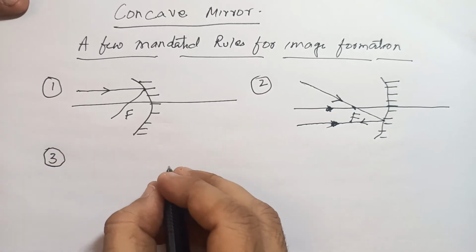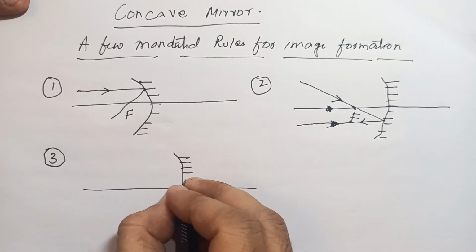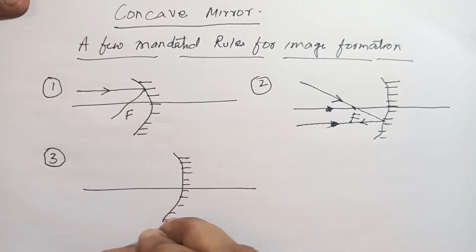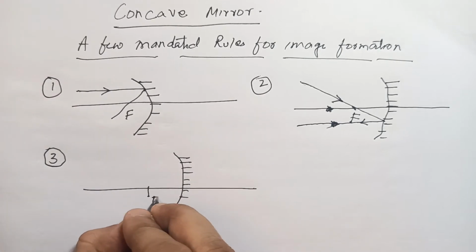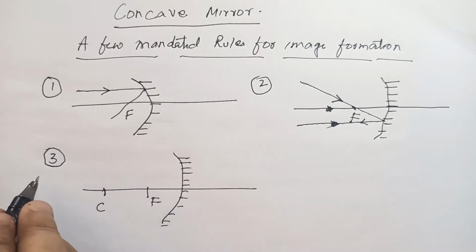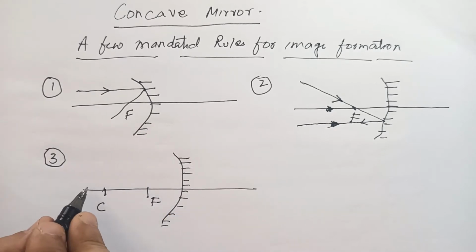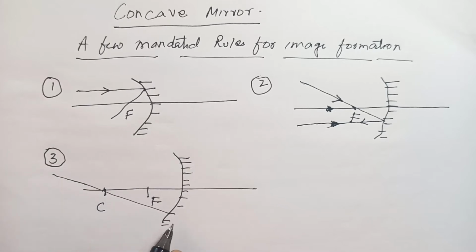Now the third rule is, this is F and this is C. If a ray of light travels through the center of curvature, correct? Now this is also the normal.